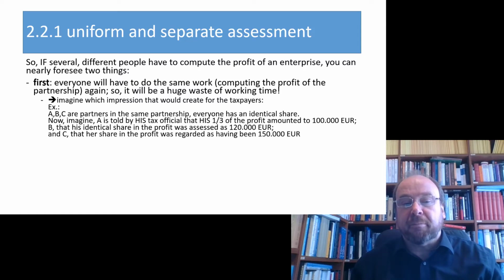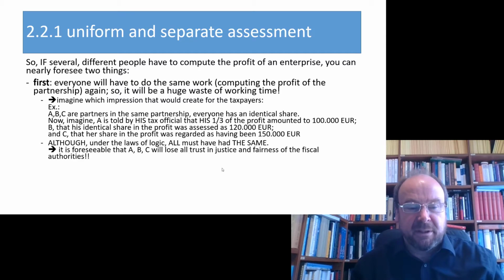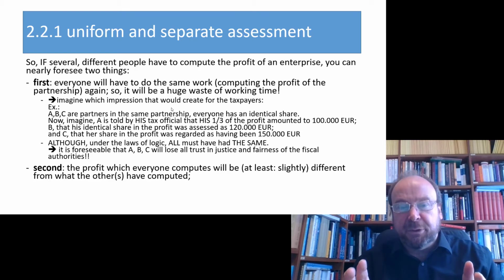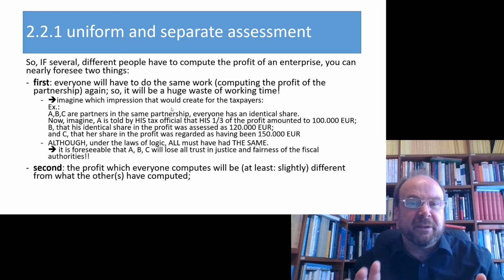And if you have contradictory results, the profit will be different. That's a second aspect. Now imagine everyone computes the whole thing again and ends up with slightly or hugely different results. What does that mean?